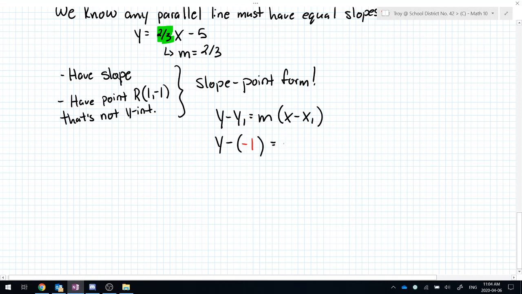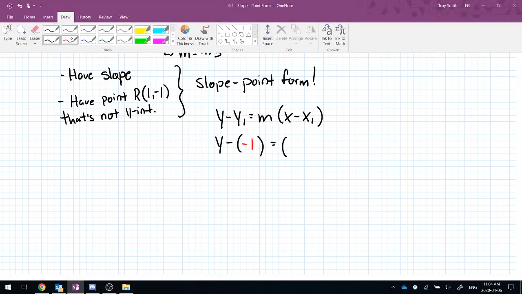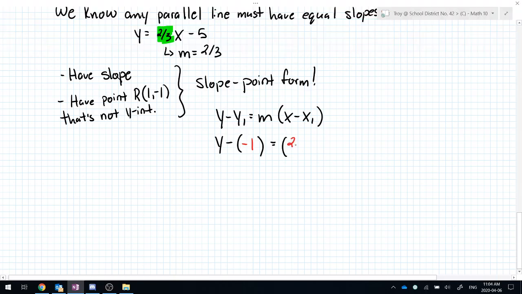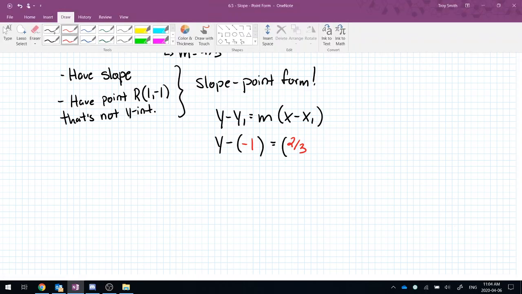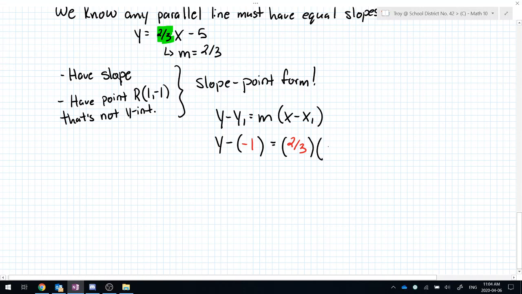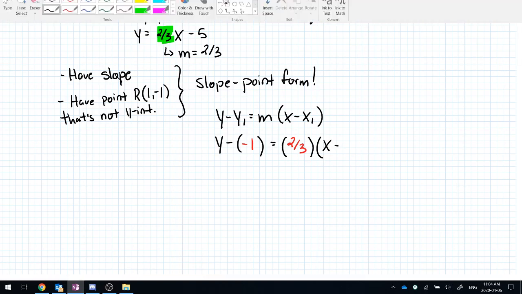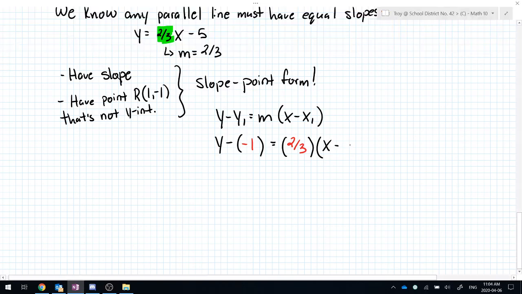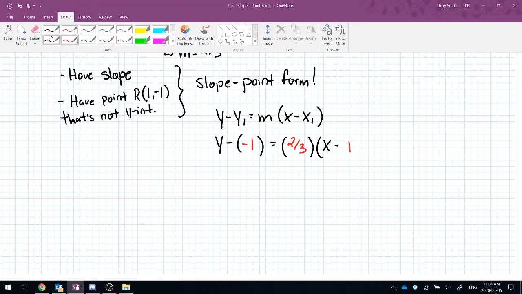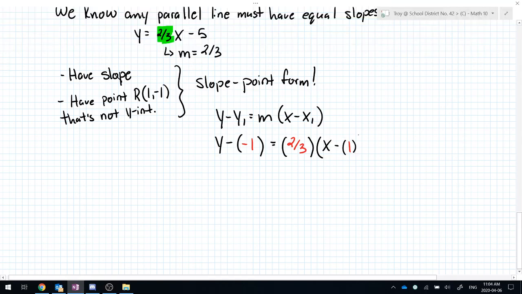I know what the slope is going to be because it has to be the same slope because it's parallel. It's going to be 2/3. And I know what x1 is going to be. It's going to be 1, right? Because that has to be 1. That has to be -1.